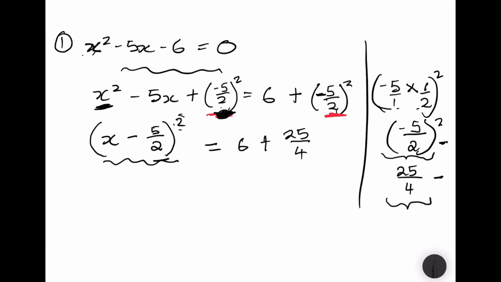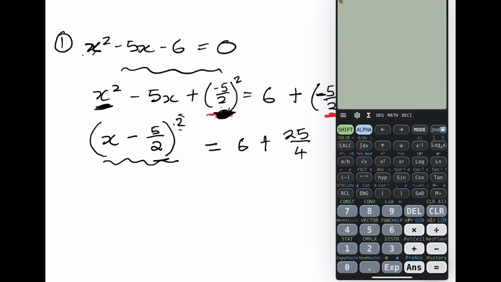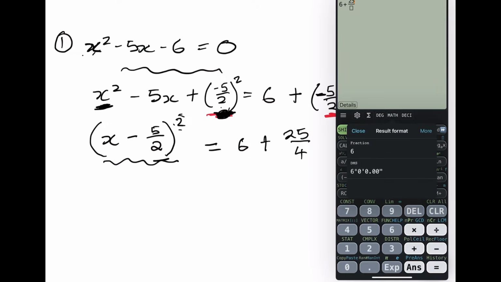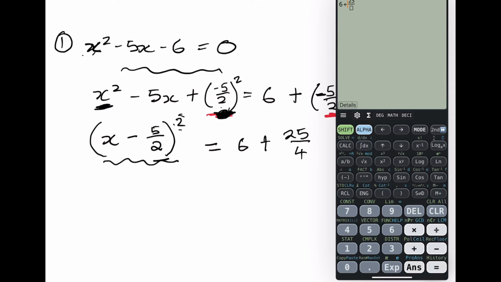Okay, now if at this stage perhaps you still don't know how to add fractions, don't worry too much about it. You can use your calculator, but later on I'm going to show you how to add fractions. So we can say 6 plus 25 over 4.